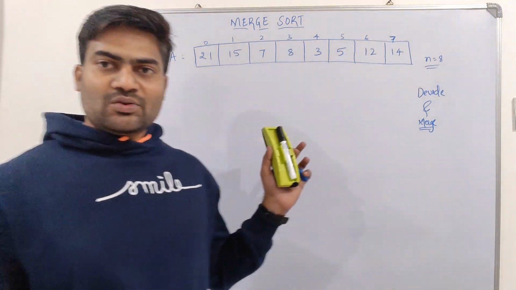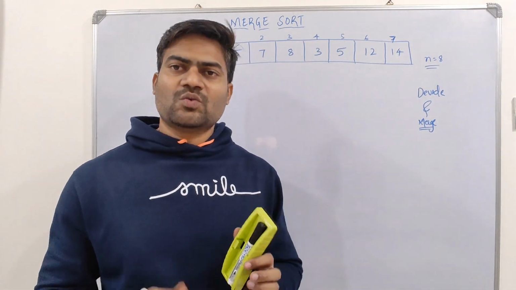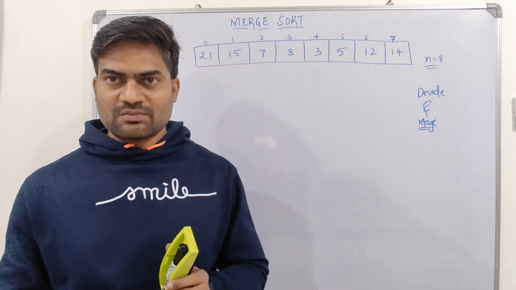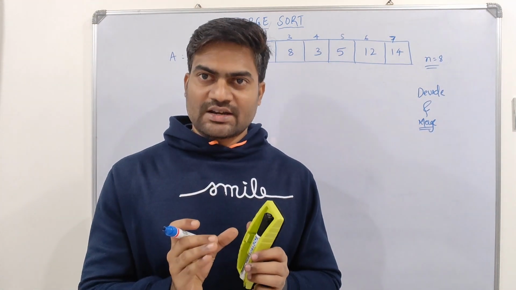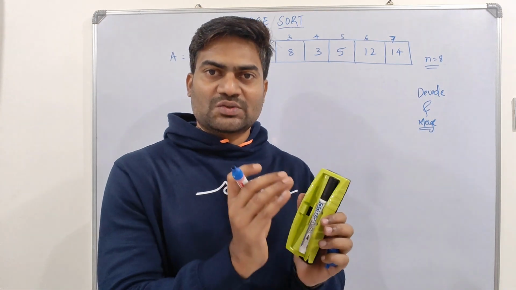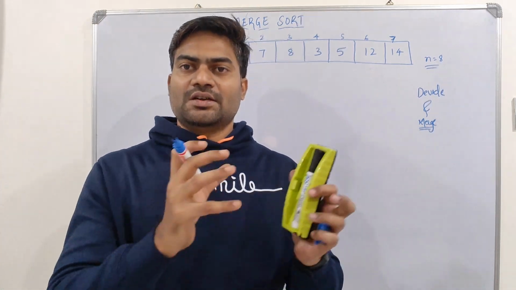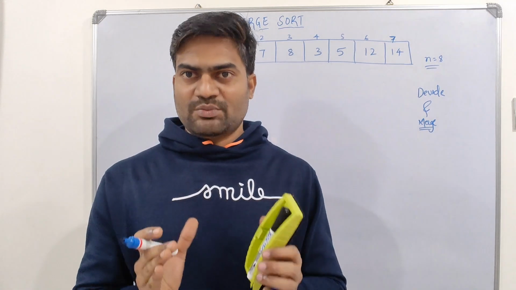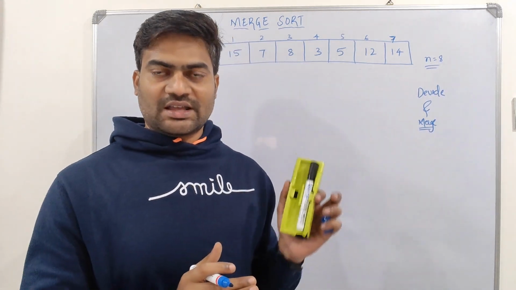And one more thing to mention here is that this is a divide and conquer algorithm. So what exactly is a divide and conquer algorithm? We divide the bigger problem into smaller problems, we solve those smaller problems, and then we combine them together to get the solution for the bigger problem. That we will understand in this particular example.